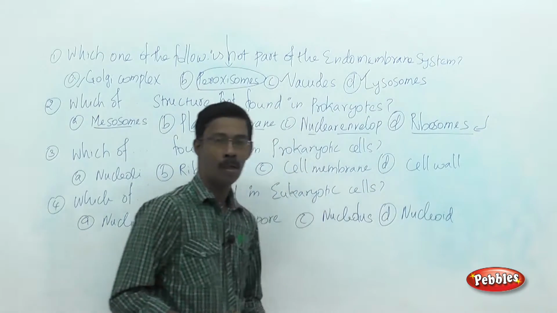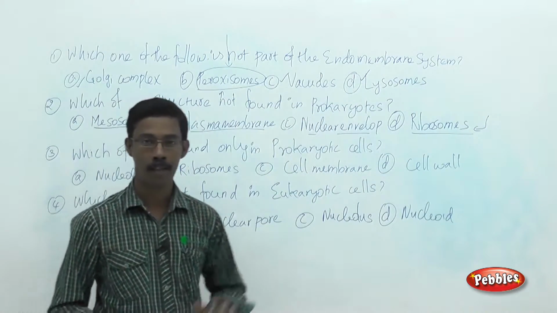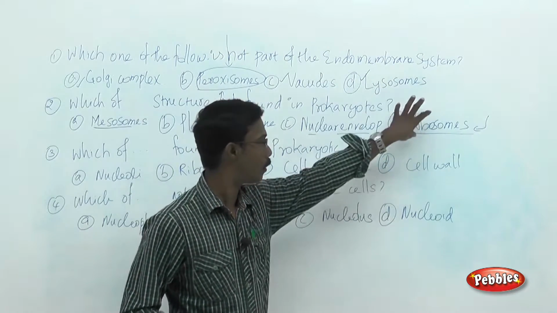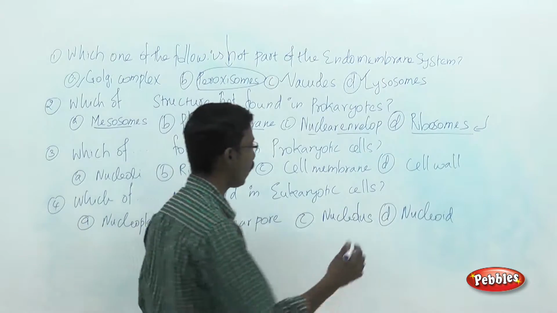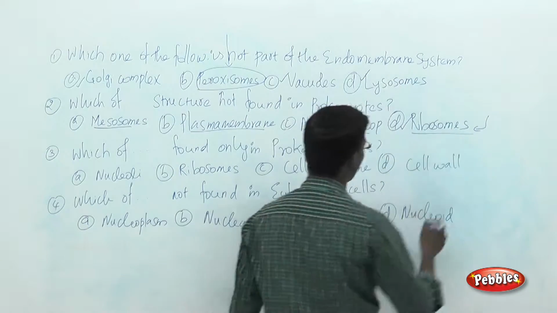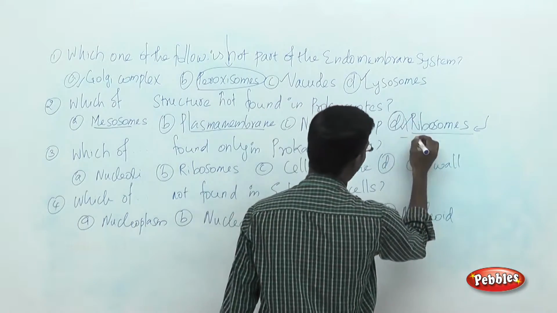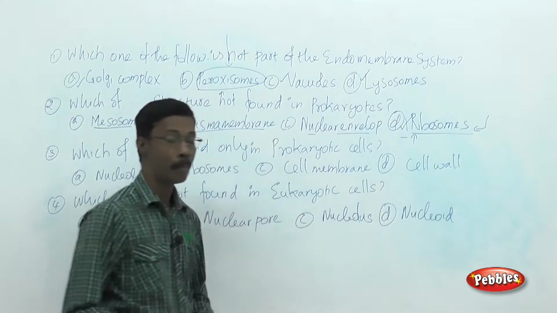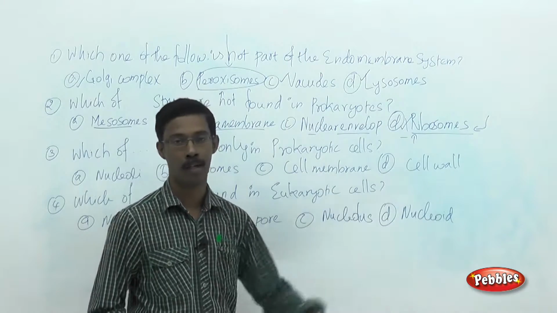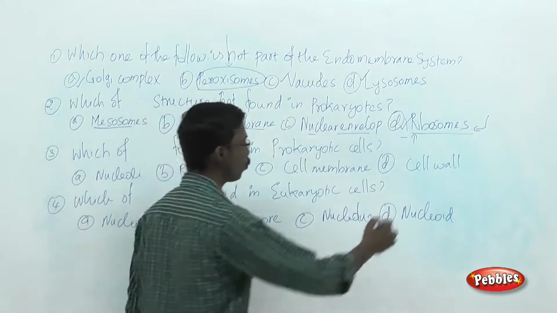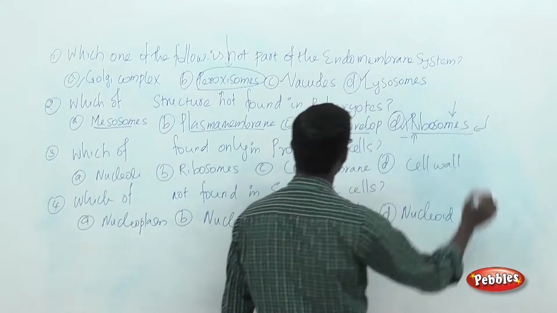As I told you, the prokaryotic cells lack the organelles, and most of the students may think the ribosomes are organelles, so they may think the ribosome is the answer. So the answer may be wrong, because ribosomes are not organelles. Ribosomes are present in both prokaryotic and eukaryotic cells, so the ribosomes is the wrong answer.